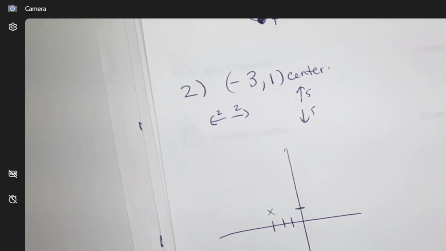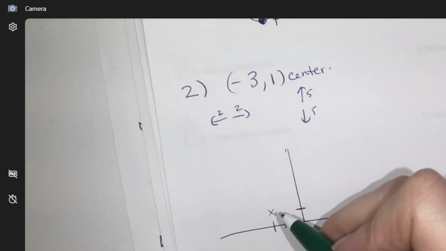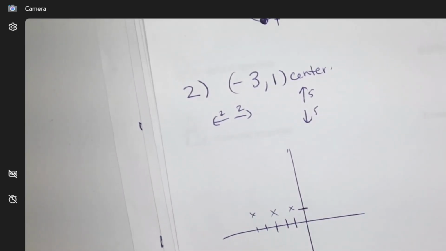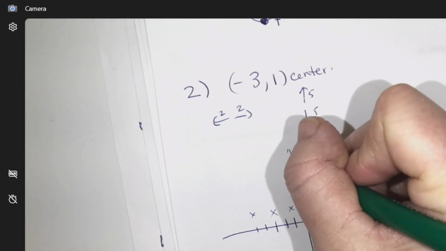Okay, X marks the spot. There's my center. I'm going to go 2 to the right and mark an X. 2 to the left, mark an X, because these aren't necessarily on the graph. 1, 2, 3, 4, 5 up.